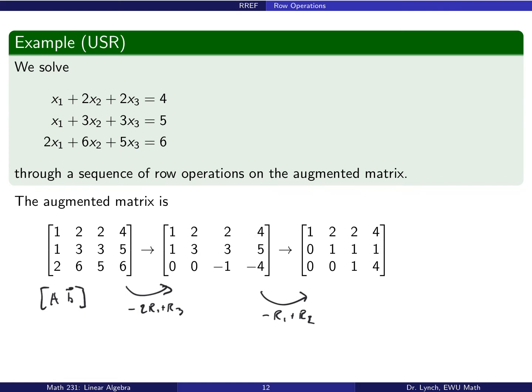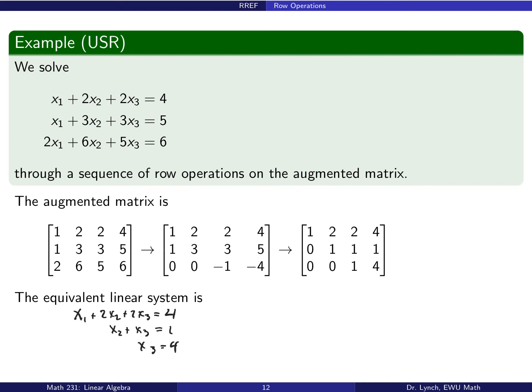Okay, so again, these are equivalent matrices because we've reached one matrix from the other by a sequence of row operations. Equivalent matrices have the same set of solutions. So we can write the equivalent linear system that results from this new augmented matrix.